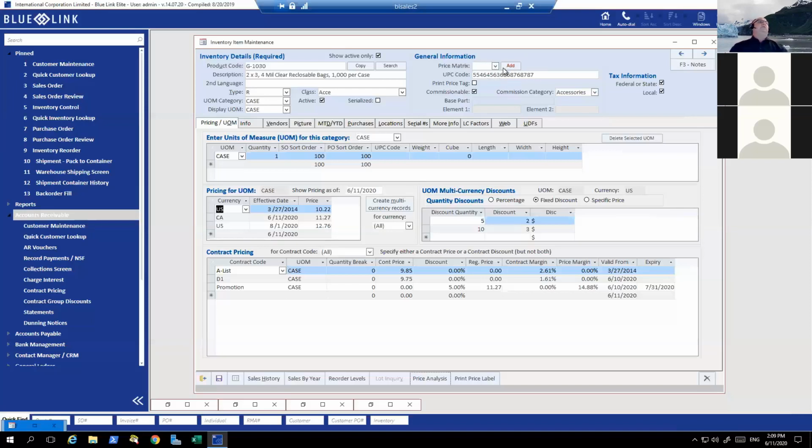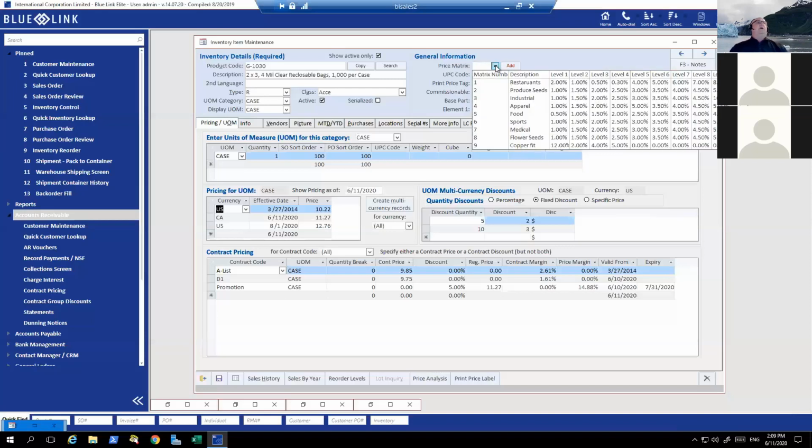So if I go into the drop down here, in price matrix you can set up as many different price matrices, for instance descriptions or groups of products, as you want. You can then associate the various discounts for 9 different levels in the system.